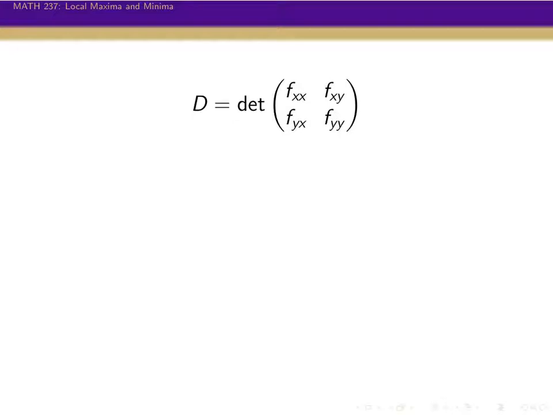So just briefly, where is this d coming from? Really deep down mathematically, it's coming from the determinant of this matrix of second order partials right here. So remember that f of xy and f of yx are the same, right? And so when you have a 2 by 2 determinant, you do the diagonal going down, multiply those terms, and then you subtract off the diagonal going up.